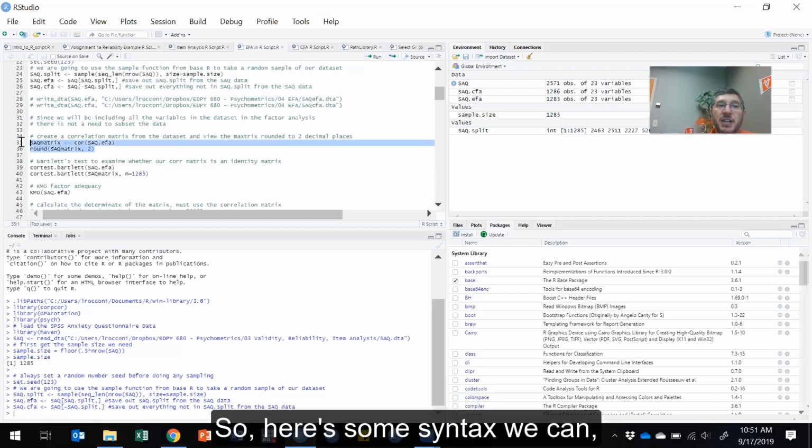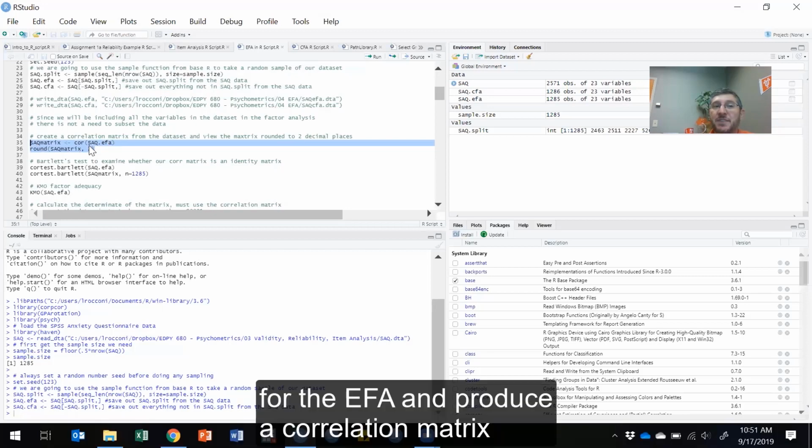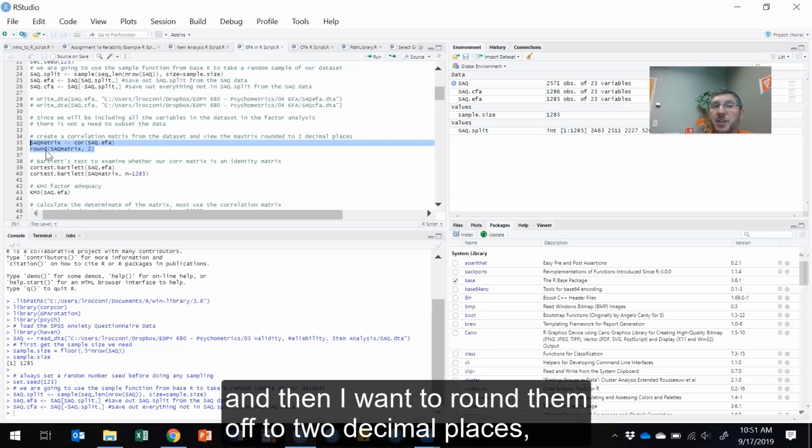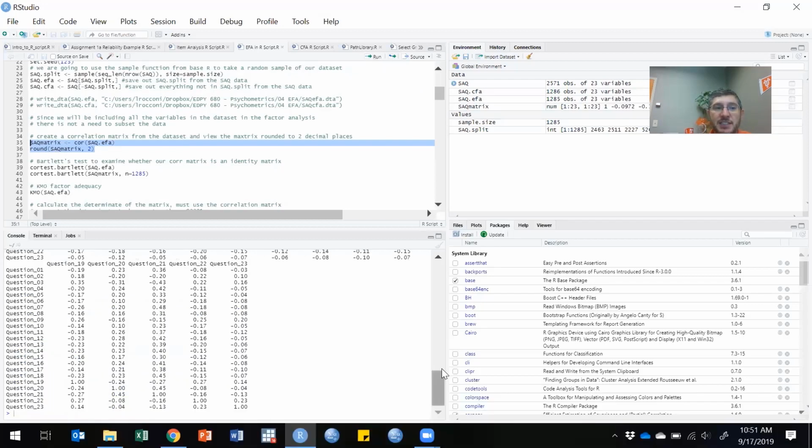So, here's some syntax: we're going to take our SPS anxiety questionnaire for the EFA and produce a correlation matrix, and then I want to round them off to 2 decimal places, which is what the next one does.